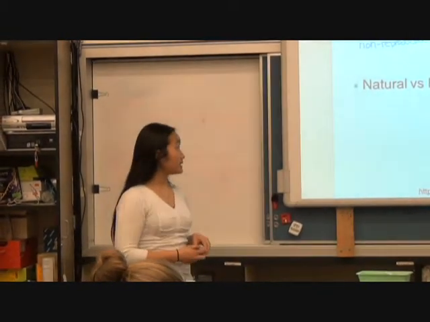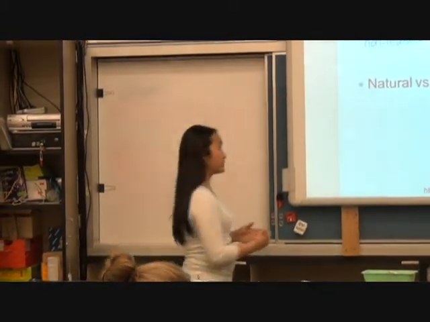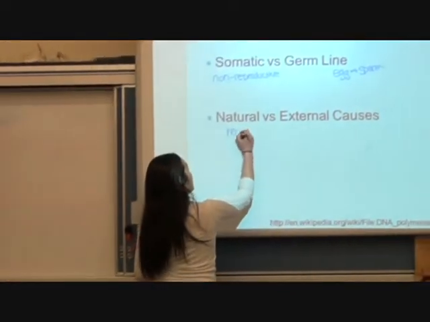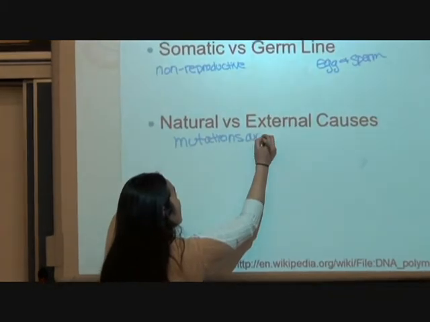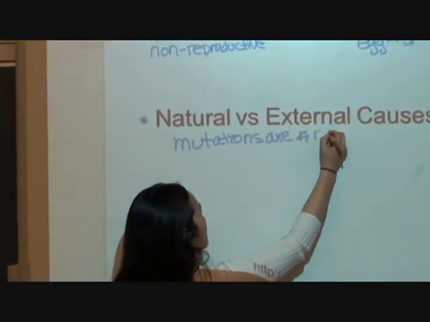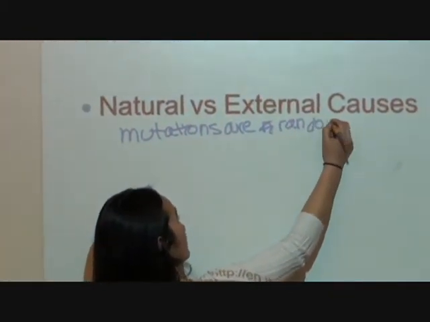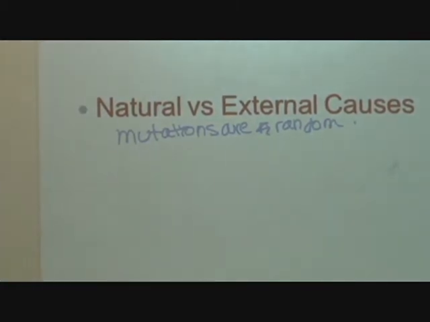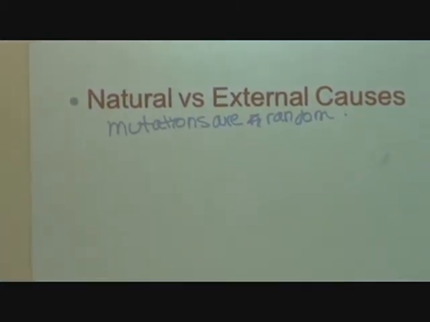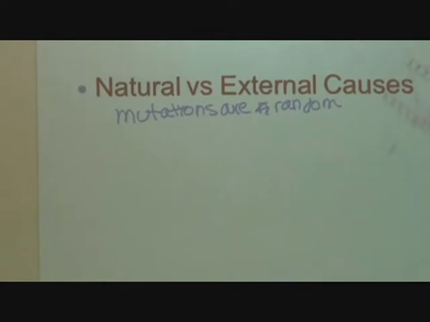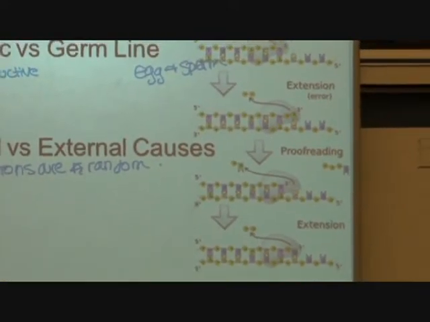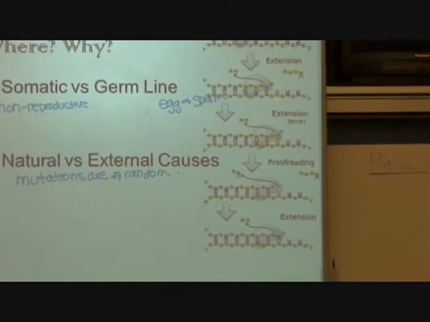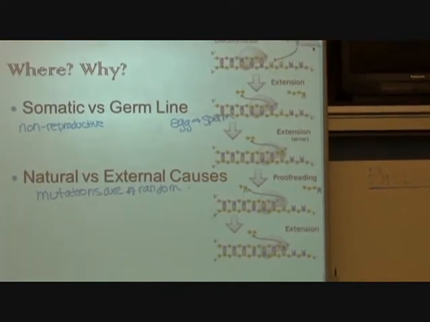With that being said, DNA mutations are random in most cases. The environment around an organism can affect and increase the rate of mutation, but it's not one of the reasons why a mutation occurs.